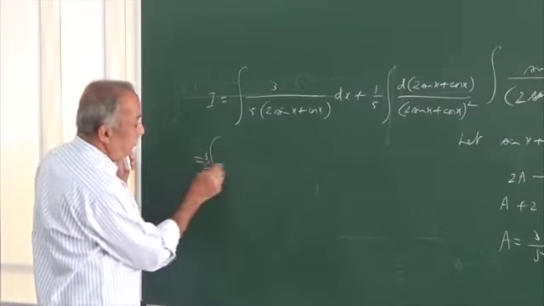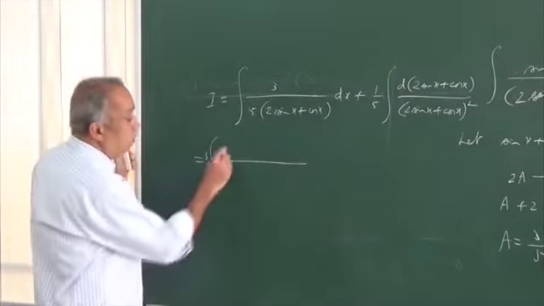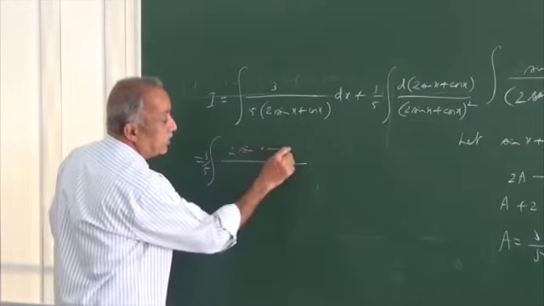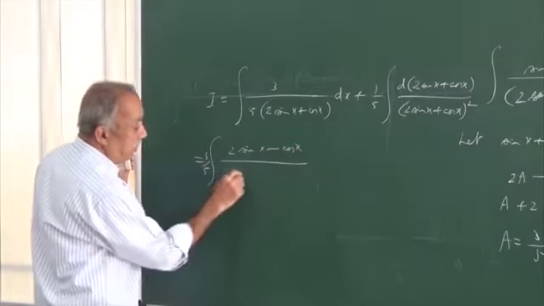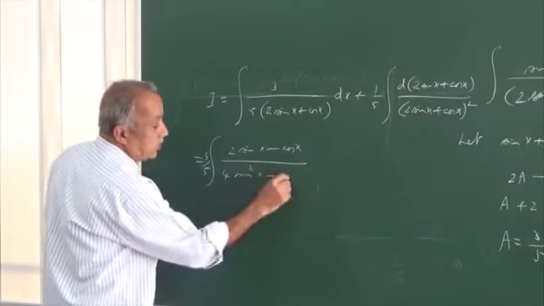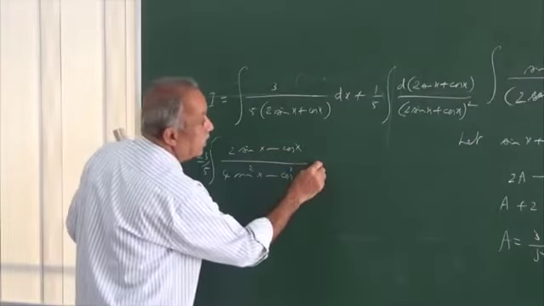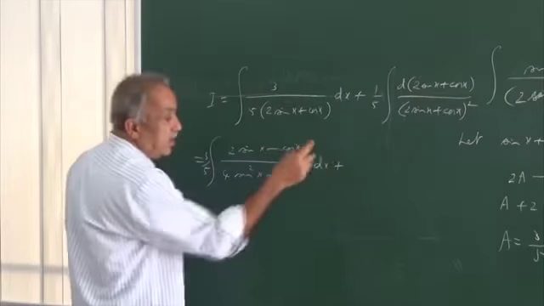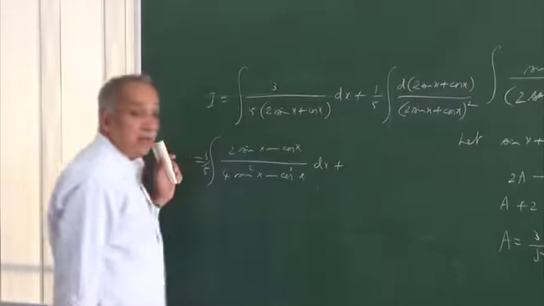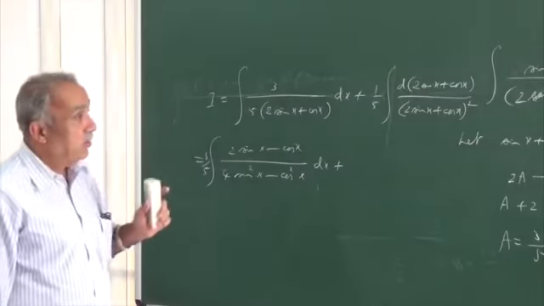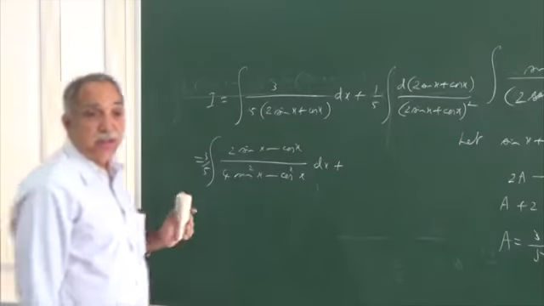3 by 5, 2 sin x minus cos x, denominator 4 sin square x minus cos square x dx. Next part, let me get it integrated now itself. Integral t power minus 2 is t power minus 1 by minus 1.